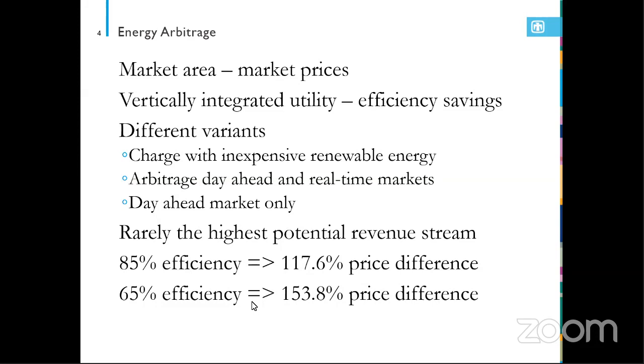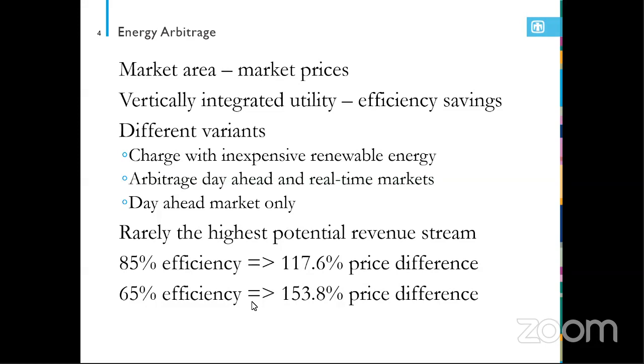arbitrage. In market areas, you're participating in the market, and your potential revenue is governed by market prices. In the vertically integrated utility, arbitrage really comes down to more efficient operation of your grid. If you can flatten out your effective load curve, so that you can operate generators more efficiently, or maybe at better operating set points, you save money that way.